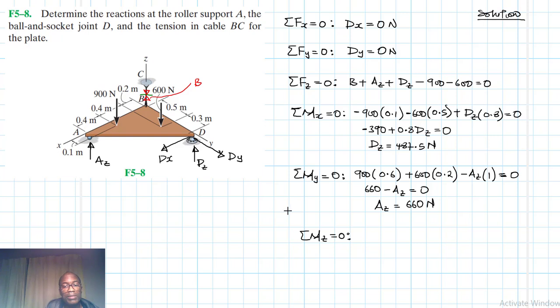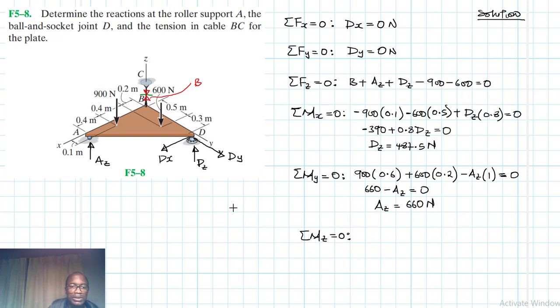Summation of moments about the z-axis: one force is going to cause a negative moment. DY will not cause any moment because its lever arm is equal to 0, only DX.